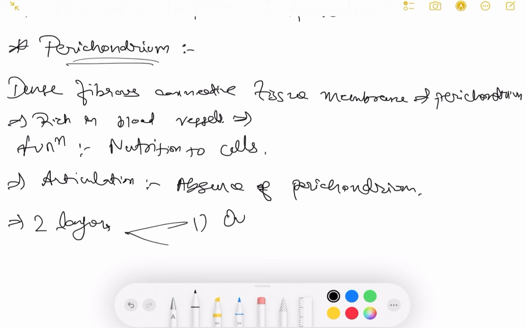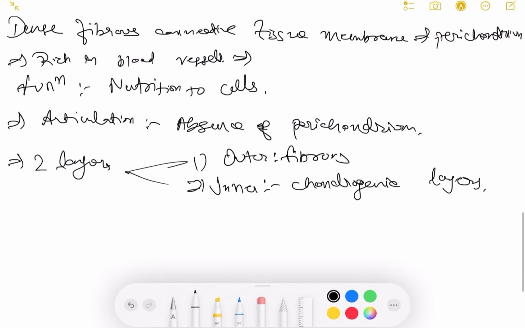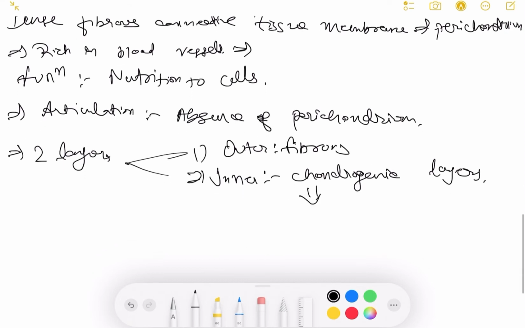One is outer, that is made up of fibrous tissue, and one is inner, that is made up of chondrogenic layers. And this chondrogenic layer contains what? Chondroblast.